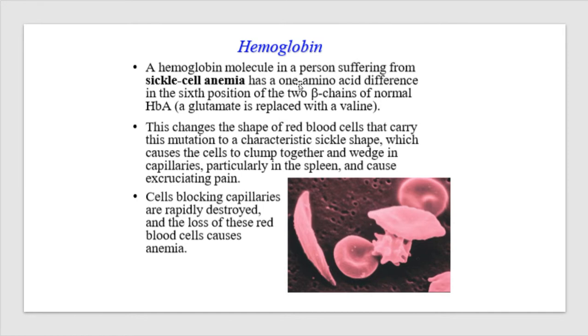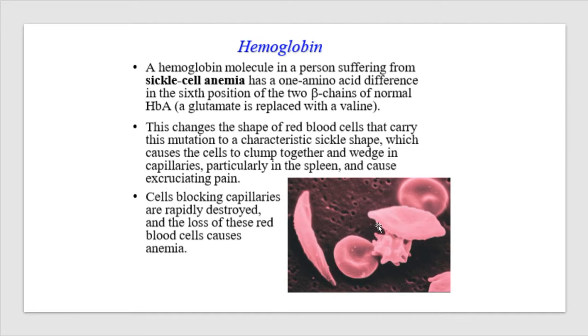Let me give you an important thing about hemoglobin. When a person suffers from sickle cell anemia, it's because of one amino acid difference in the sixth position of hemoglobin, which changed glutamate to valine. And then the shape of hemoglobin is different, because of this shape that is not globular.